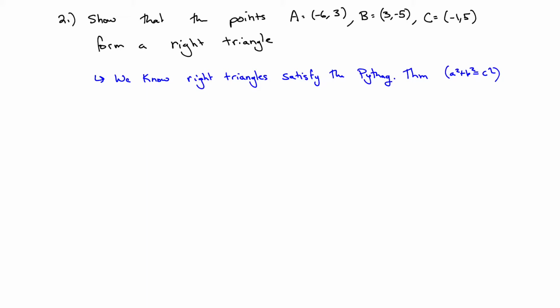So what we could do is find all these lengths, the length of AB, the length of AC, and the length of BC. If all those side lengths satisfy the Pythagorean theorem, then we know it's a right triangle. That means we need to calculate 3 distances: the distance of AB, the distance of AC, and the distance of BC.